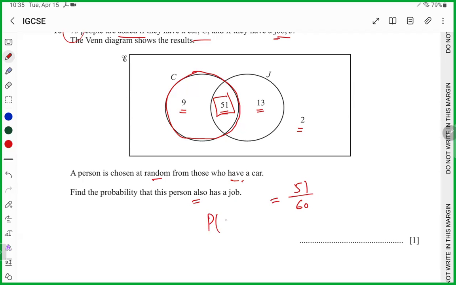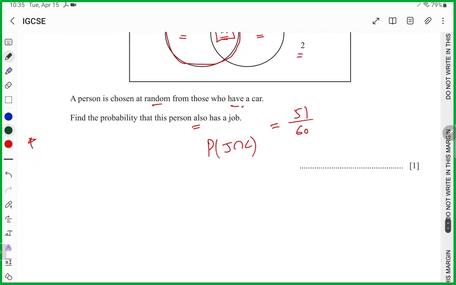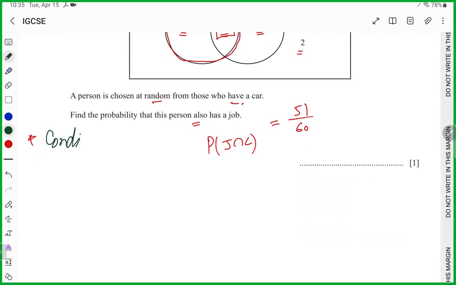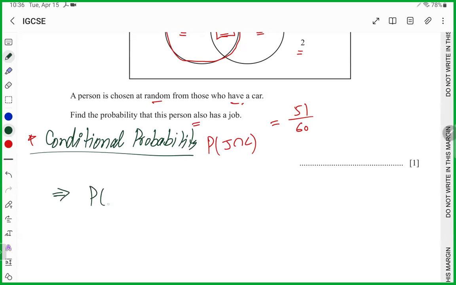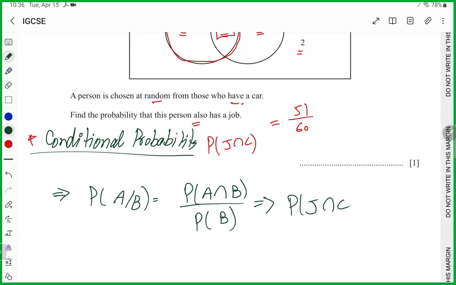So the probability of job and car. By the way, the definition of conditional probability is: the probability of A given B is always equal to the probability of A and B divided by the probability of B. So in this scenario, the probability of job and car, and the probability of car.